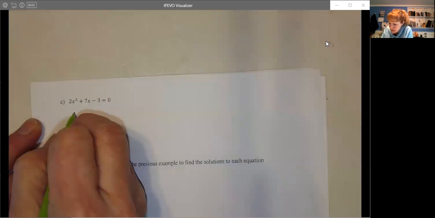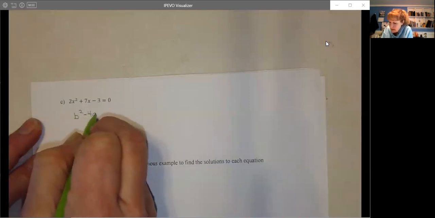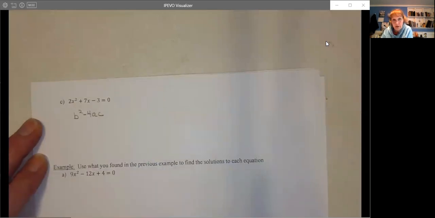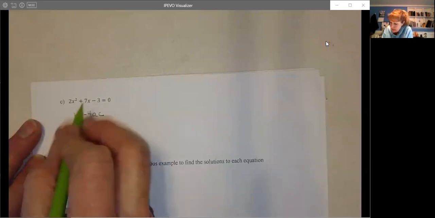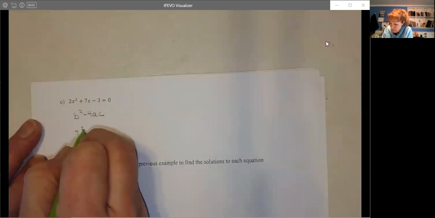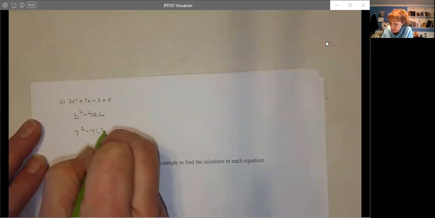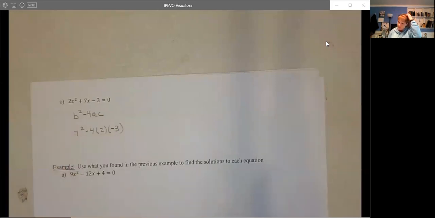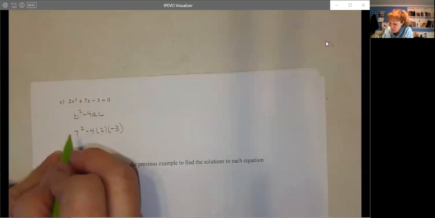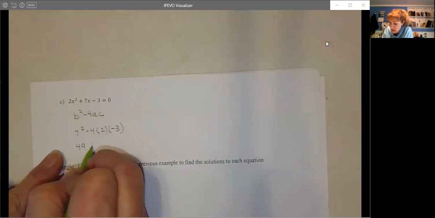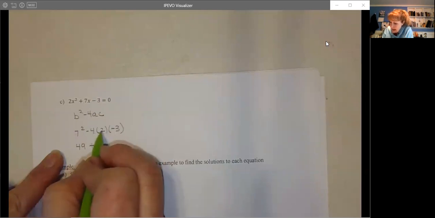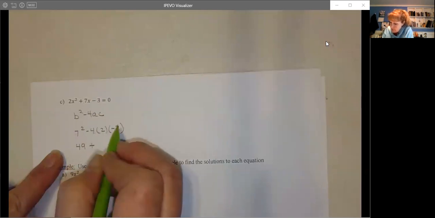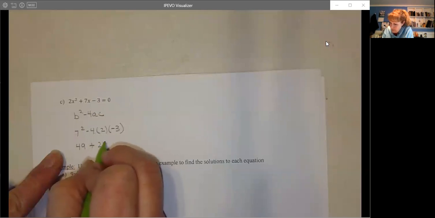Okay, we're going to take b squared minus 4ac and see what the solutions look like here, depending upon the value of this. So we're going to take 7 squared minus 4 times 2 times a negative 3. Now, when we do this, we've got 49 plus 8 times 3, which gives us 24.